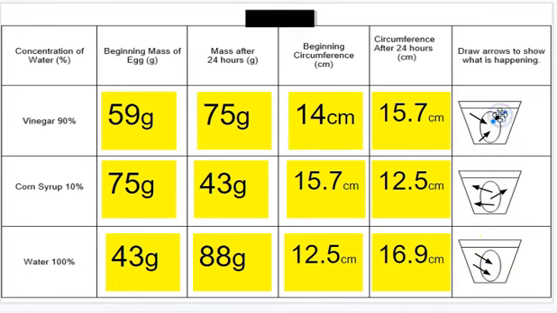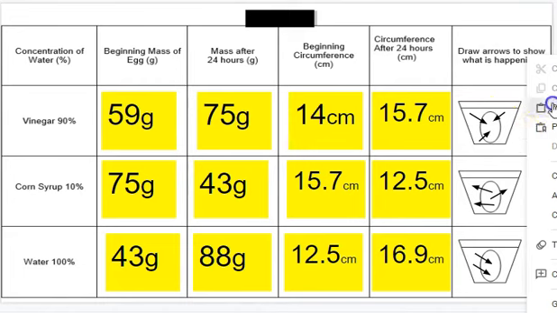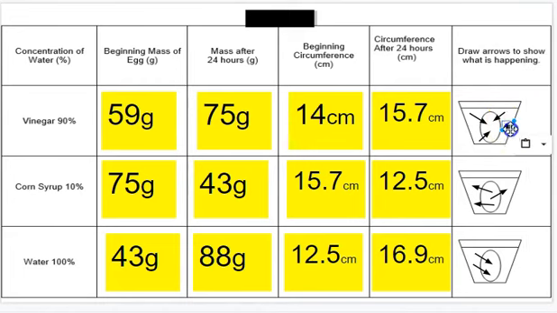Let's do this one. Copy. Paste. Let's drag that down here. Oh, maybe stretch it out a little. There we go. That shows the water molecules going back into the egg.